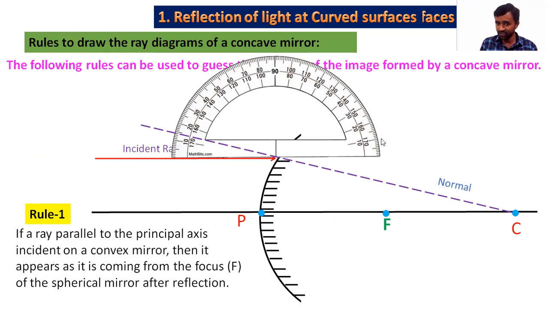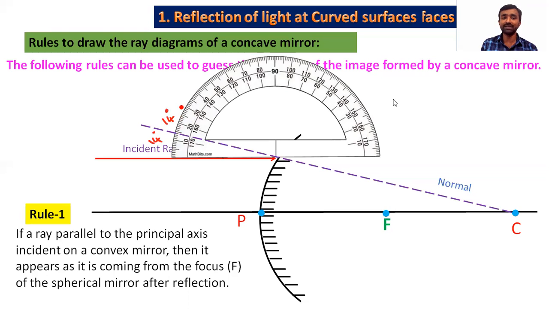So the angle of incidence is observed here as 14 degrees. Then what about the angle of reflection? Also 14 degrees. So 14 plus 14, 28 it will be, right? So at that point, I'm going to identify one point there.